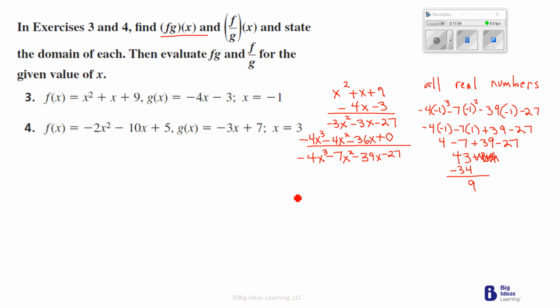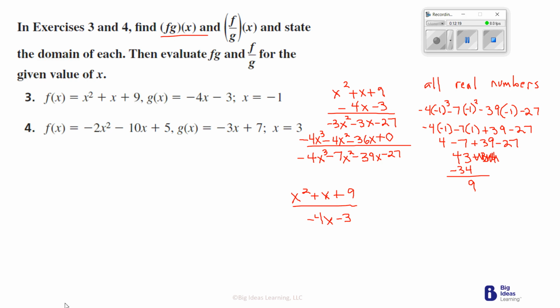x squared plus x plus 9, and we're going to be dividing that by negative 4x minus 3. Now remember, this bottom one is the one that matters here. We're going to have to go ahead and work that one out.